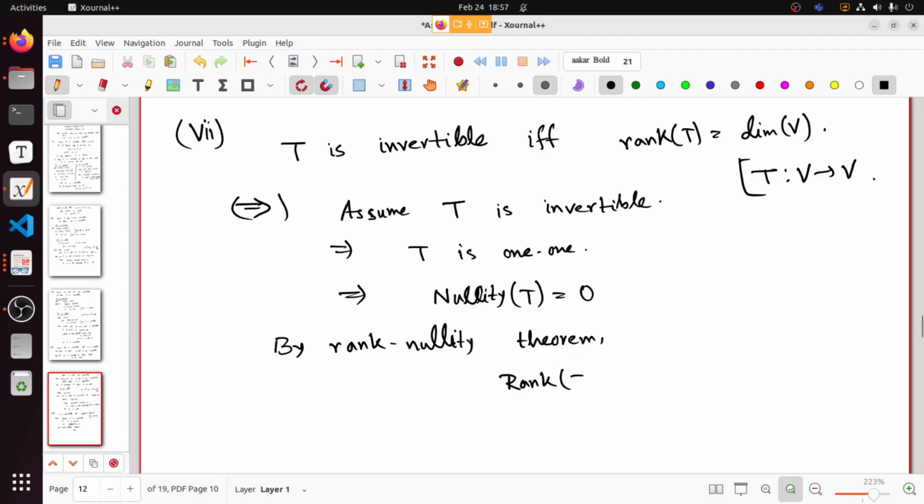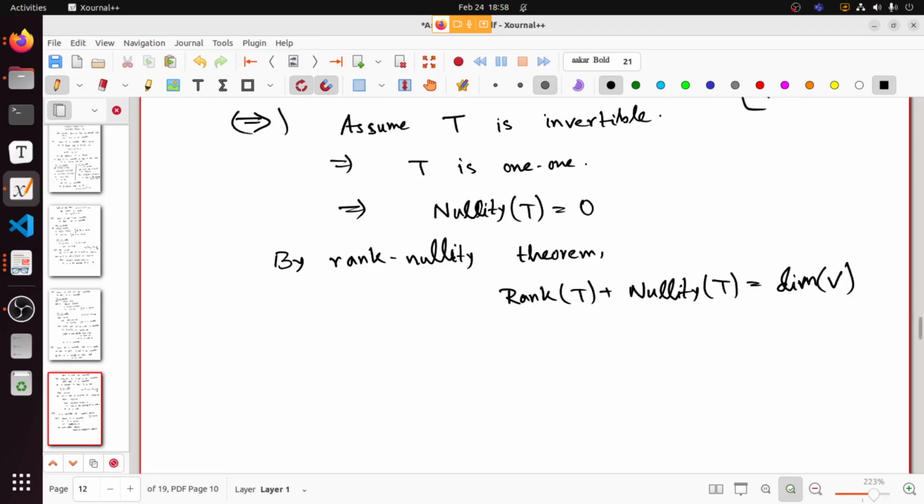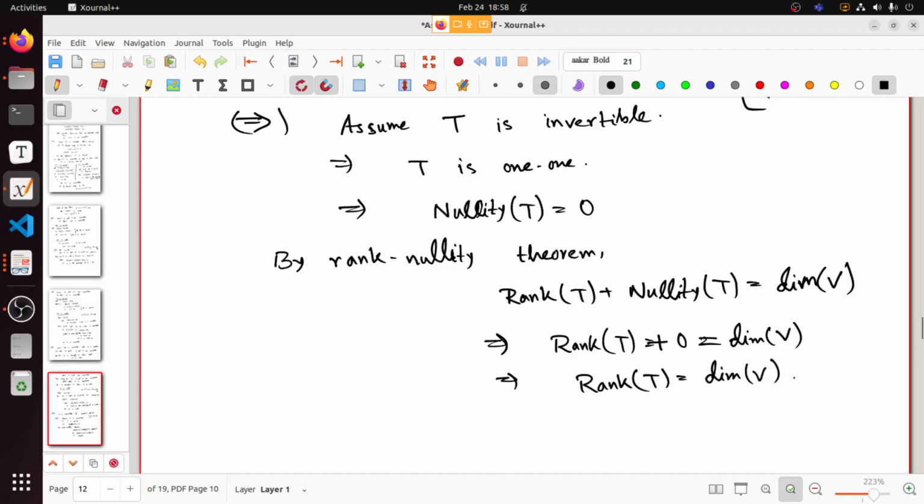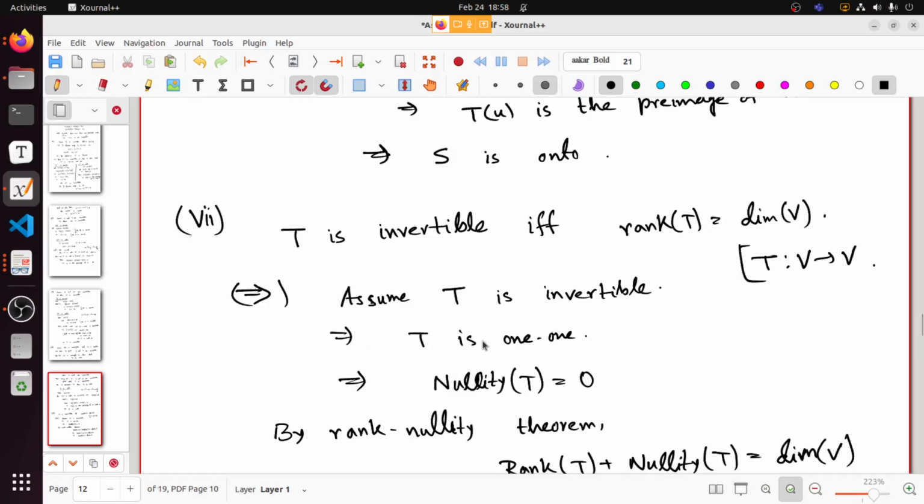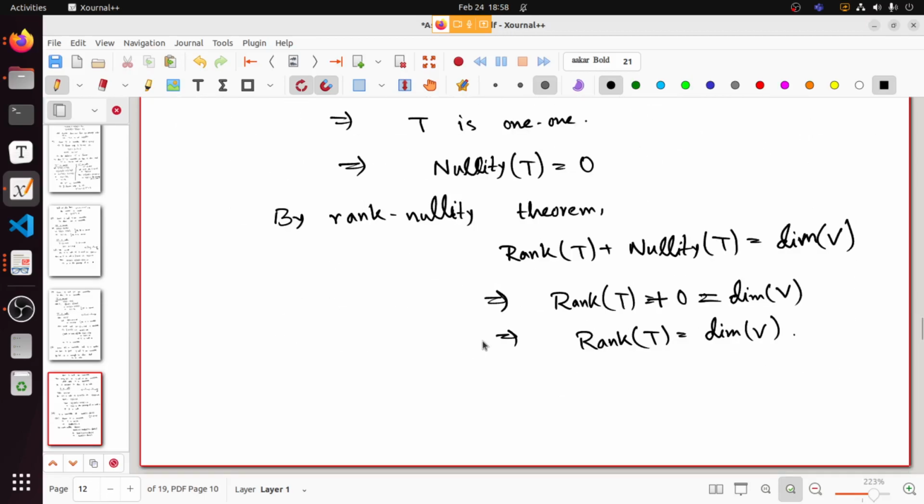Rank of T plus nullity of T is the dimension of V. So nullity is 0, which implies rank of T is dimension V, because 0 plus rank equals dimension V. So rank of T is dimension V. So we have proved the forward direction. Now we have to prove the other direction.